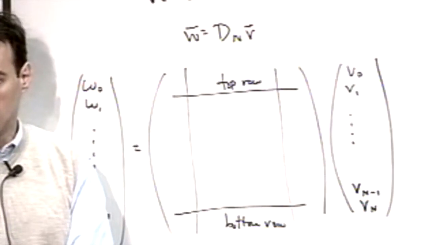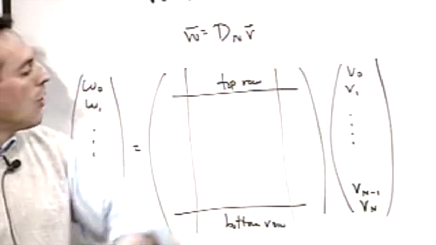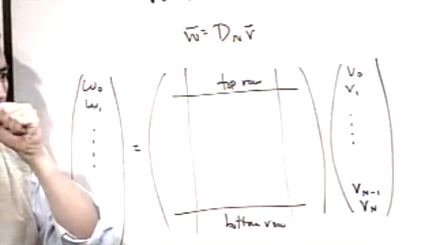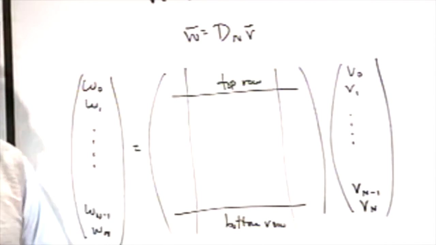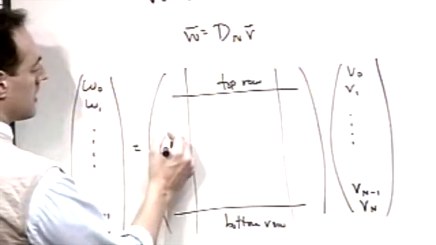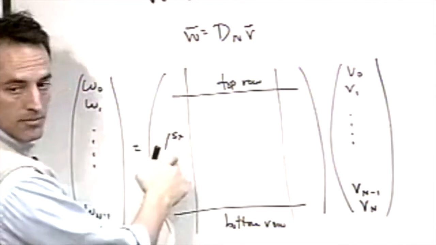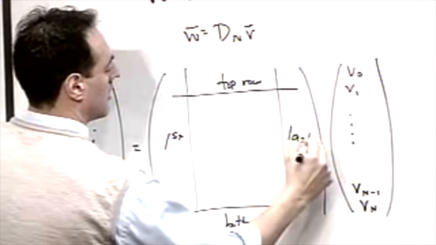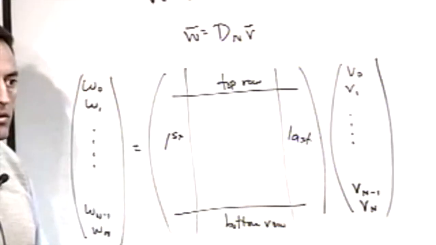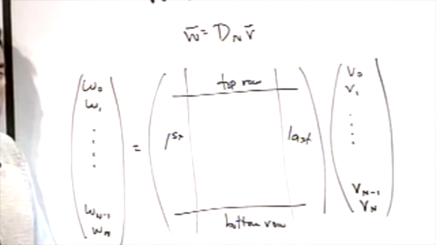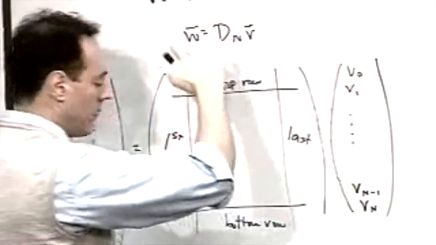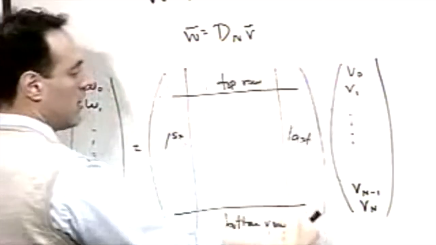Those are my boundaries, right? When I multiply this out, V0 and V of n only affect this first column and the last column. V0 multiplies these guys in the first column, Vn in the last one.